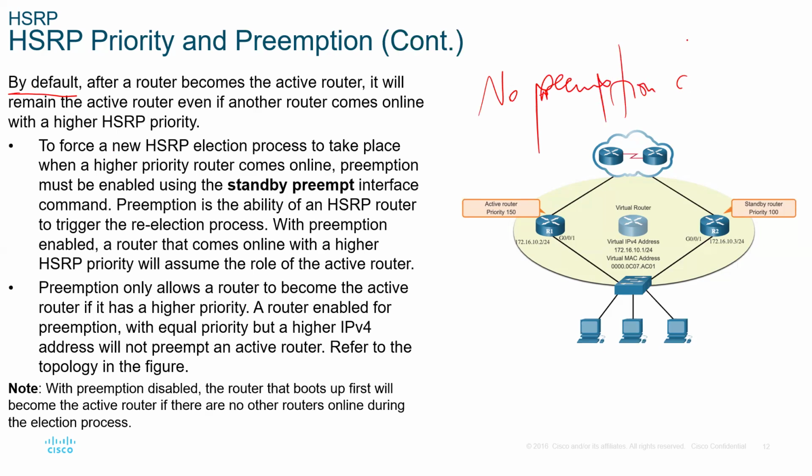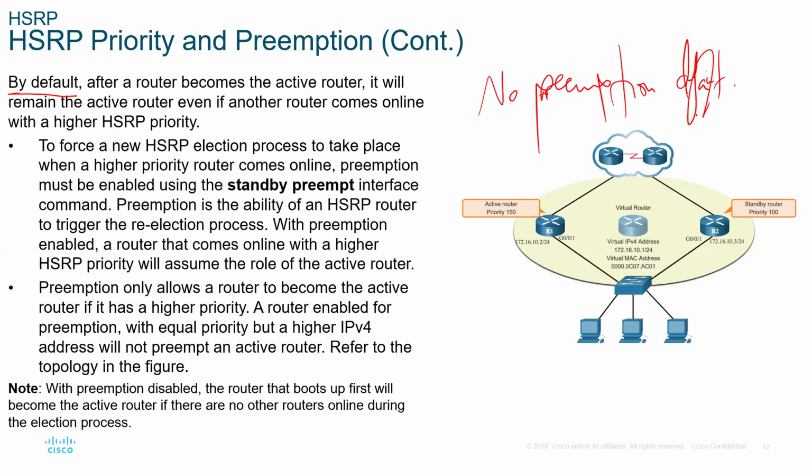Even if a router with a higher priority comes in, it doesn't automatically become the active router, or even trigger the election process.